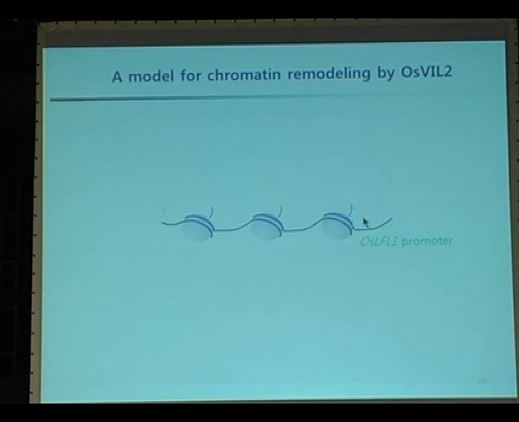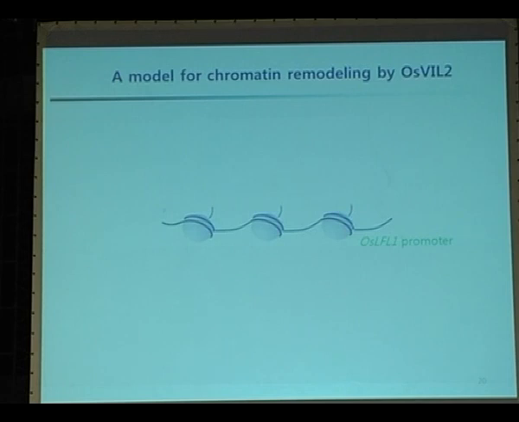Therefore, we are proposing this model. So this is the LFL1 promoter. Only until about 3 weeks, this gene is highly turned on, as I told you. And after about 4 weeks, this gene has to be turned off in order to give the flowering signal.